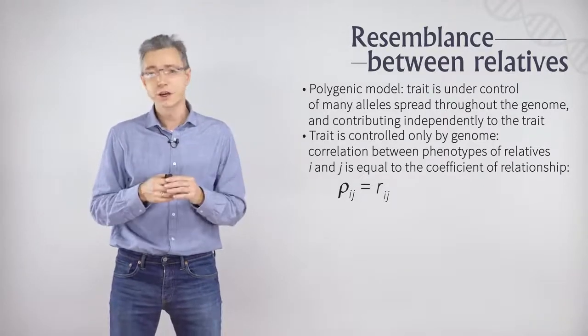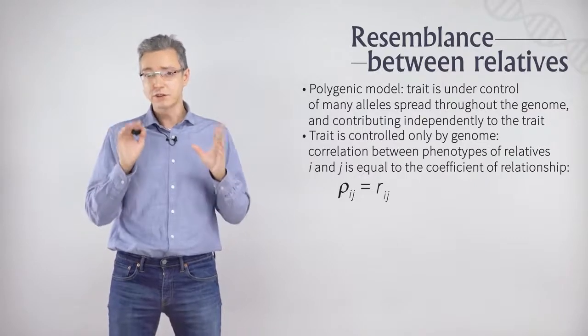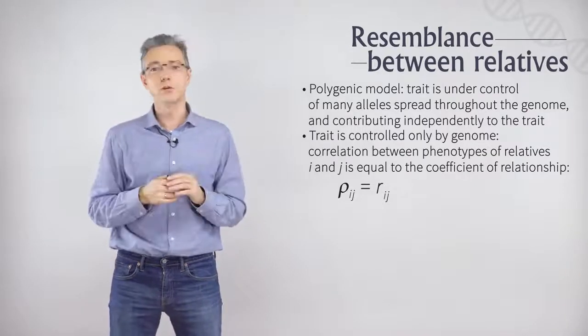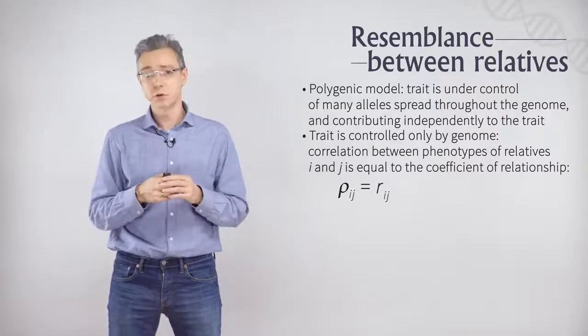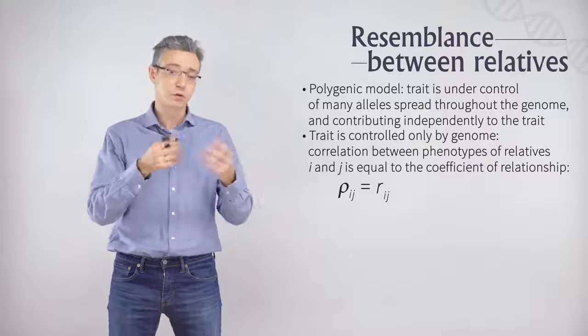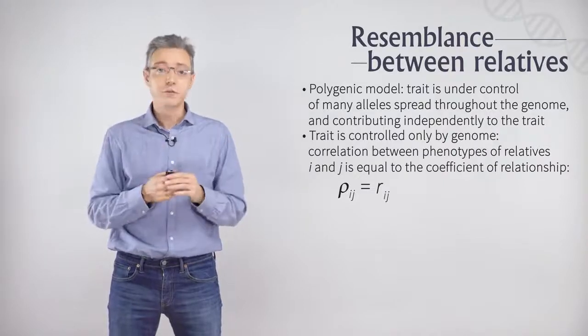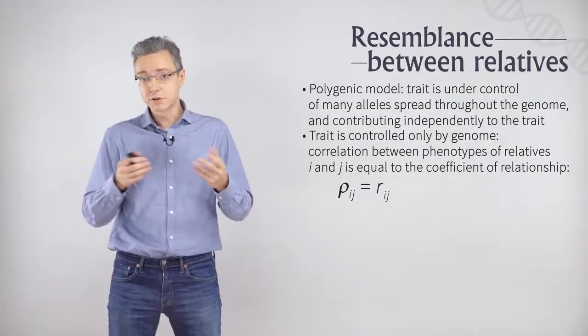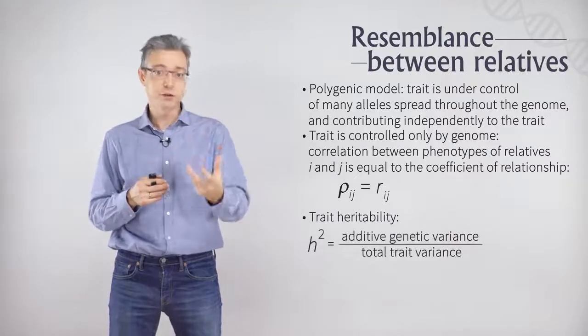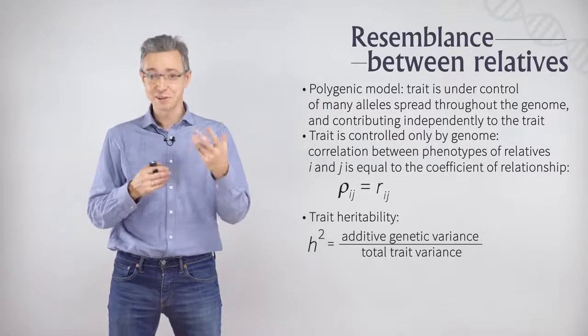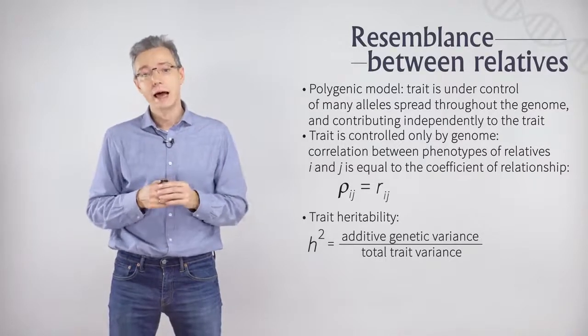So if we consider a trait which is only under control of genes, then for monozygotic twins, we would expect that their phenotypes are exactly the same, so the correlation is 1. If we consider sibs, they share 50% of their genome, so we would expect a correlation of 50%, which is exactly the relationship coefficient between them.